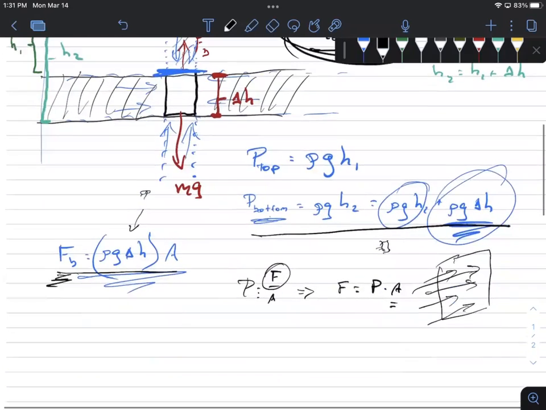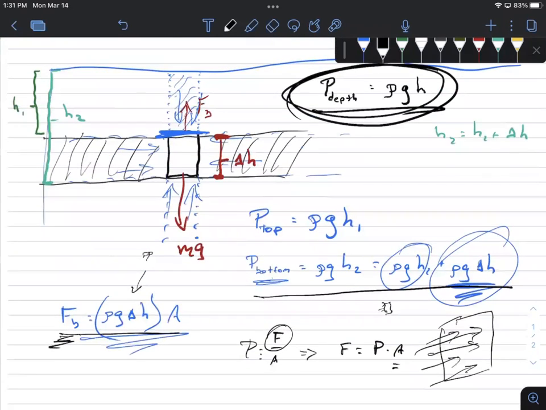And we now know that when an object is in a fluid, because of its size, unless it's flat, it will always have the top and the bottom of the object at different depths. Thus, there'll be different pressures. You will always have a buoyant force acting on an object.